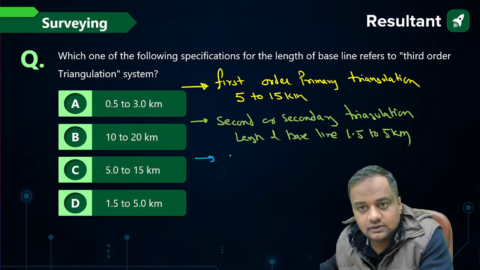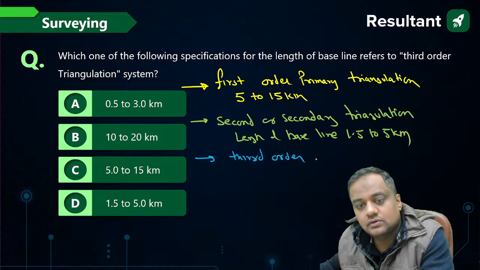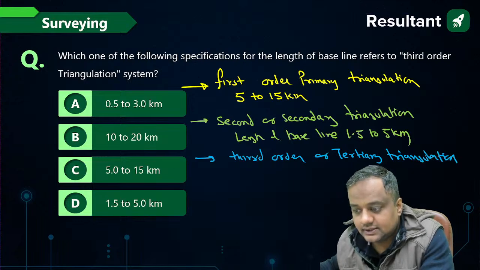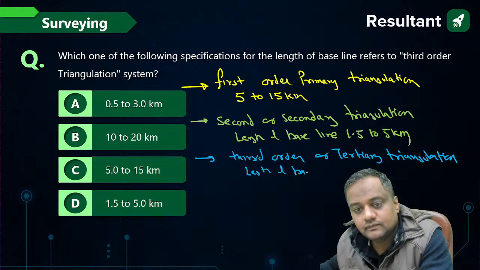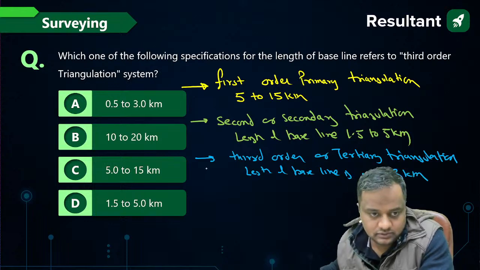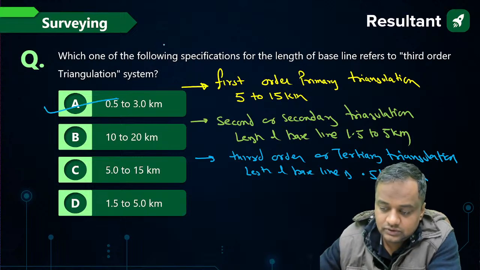Then the third order, or tertiary triangulation, has a length of baseline of 0.5 to 3 kilometers.